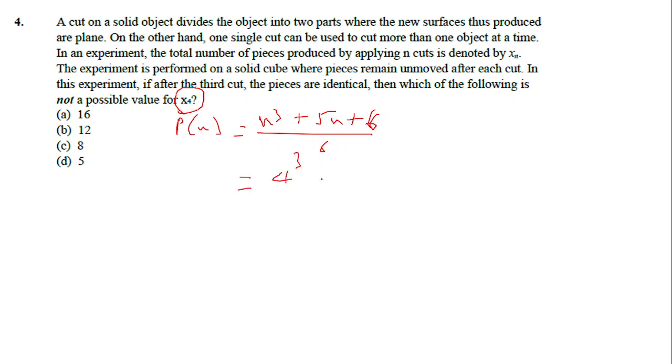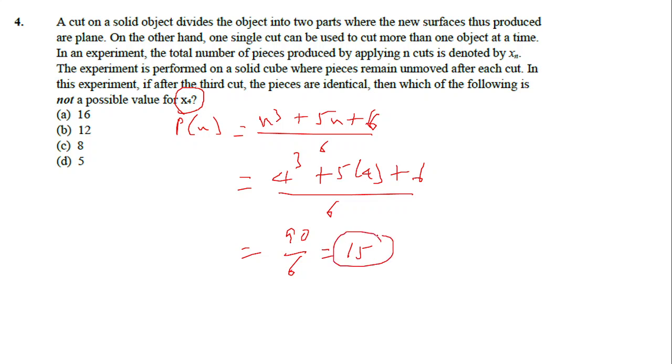So 4 cube plus 5 into 4 plus 6 divided by 6. So this will give us 64 plus 20, 84 plus 6, 90. So this gives us 90 by 6, which is 15.